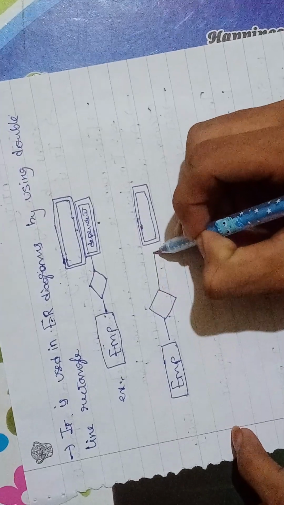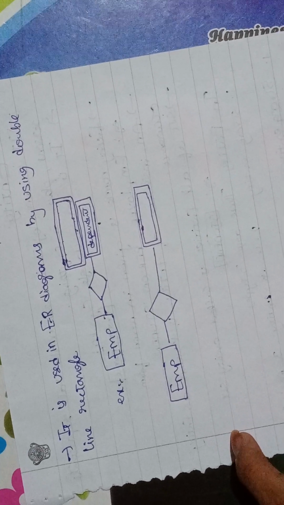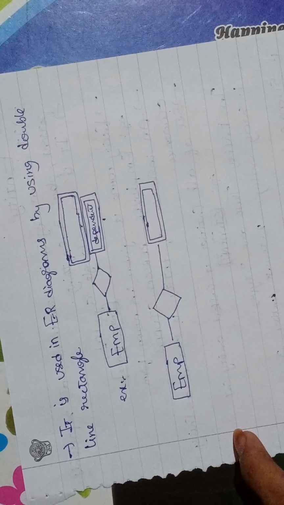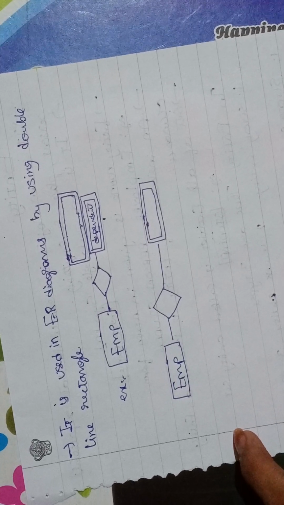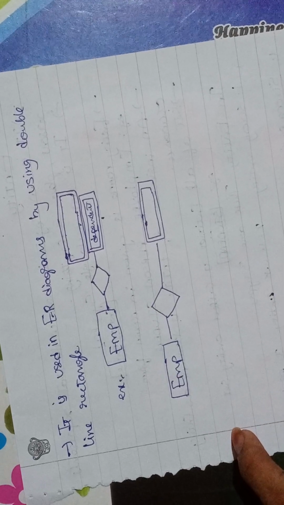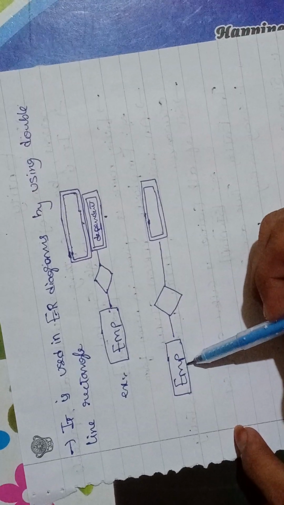In order to associate the two entities, here employees have some policy, and the dependent corresponds to the employee. Here we can see employee is a strong entity. Why?